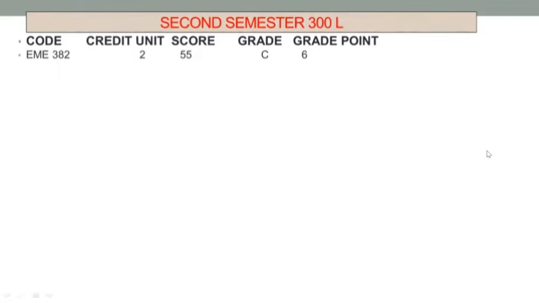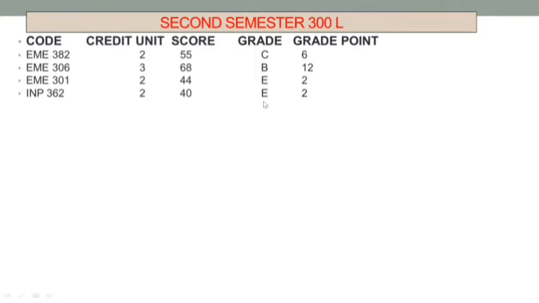So, second semester, Mr. Boy registered EME 308, 382, 2 unit, score 55, which is C. Then the point earned is 6. C is 3, 3 times 2 is 6. Then he registered another, he got point 12. Registered another course, score E, which is 2 points.